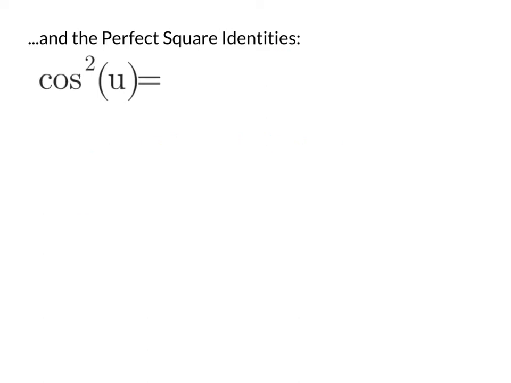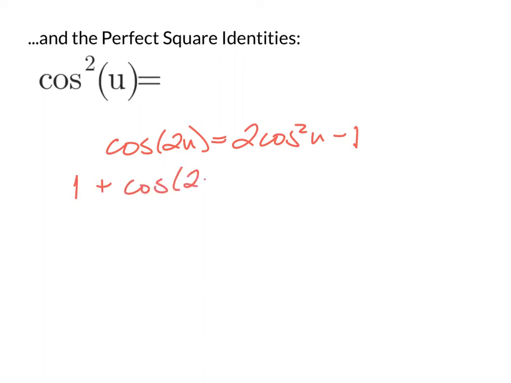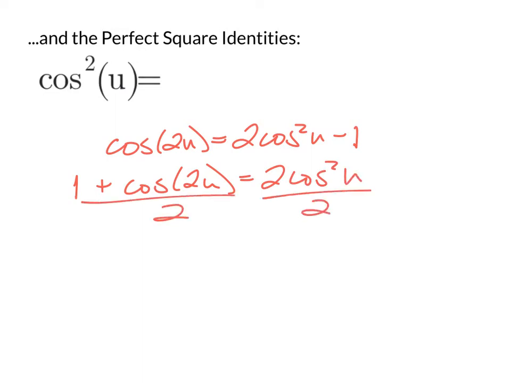We can do a similar thing for cosine squared because cosine of 2u was 2 cosine squared minus 1. So working on getting that cosine squared alone, I'm going to add 1 to the left side. And then, of course, finish it up by dividing both sides by 2.